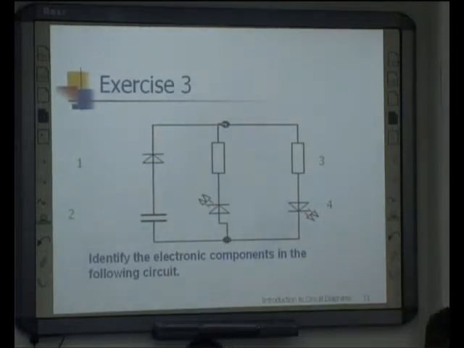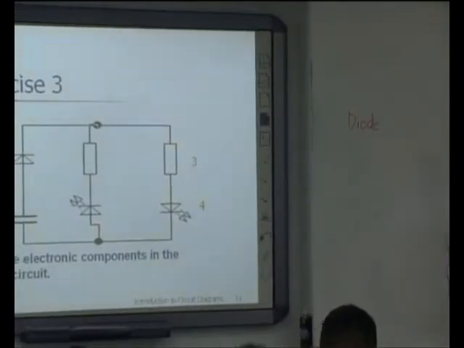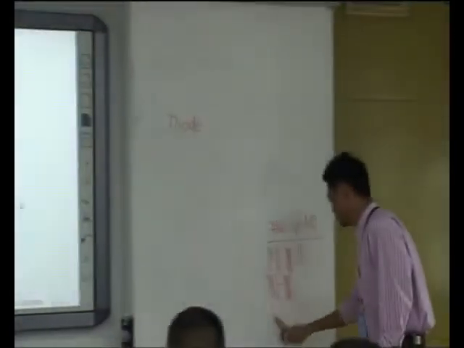Diode. How do you spell? D-I-O-D-E. Good. So this is my point. Alright, good. Number 2.